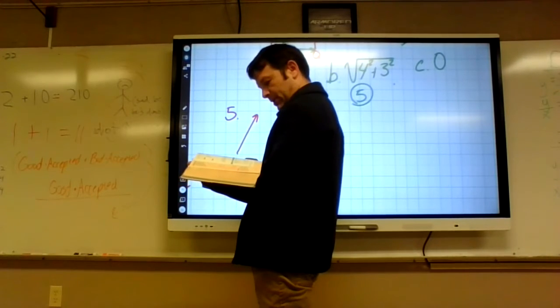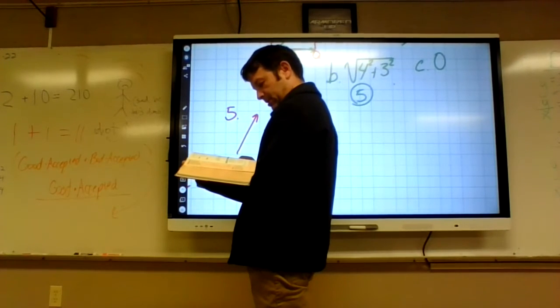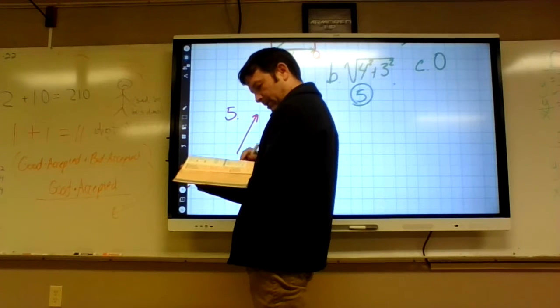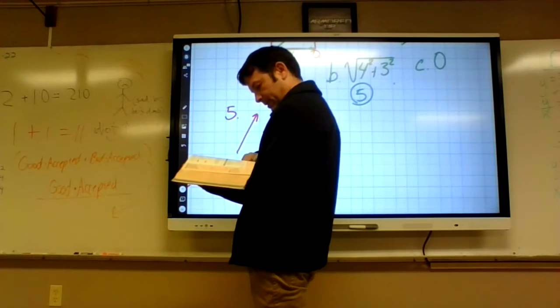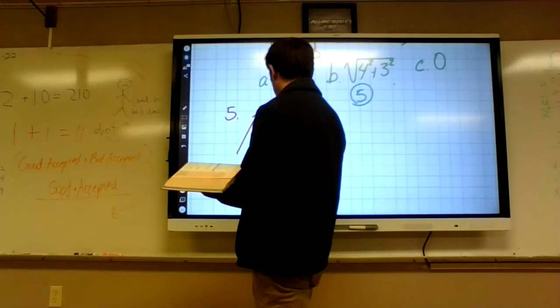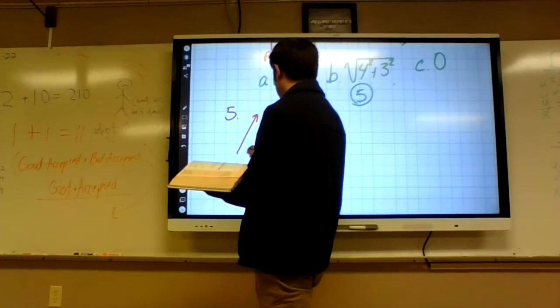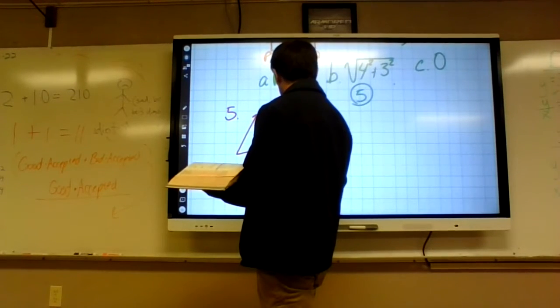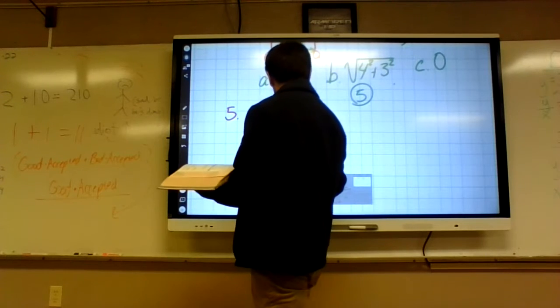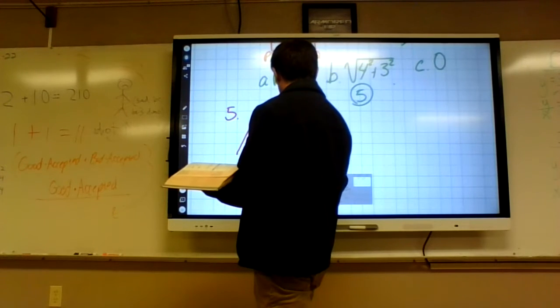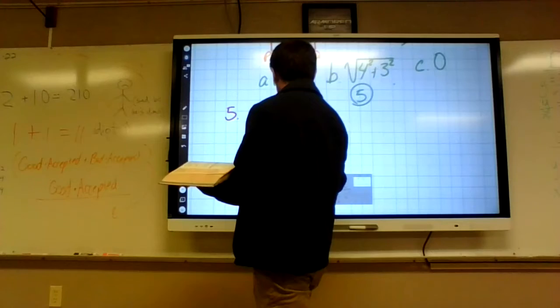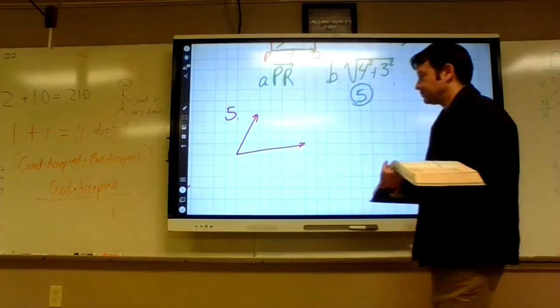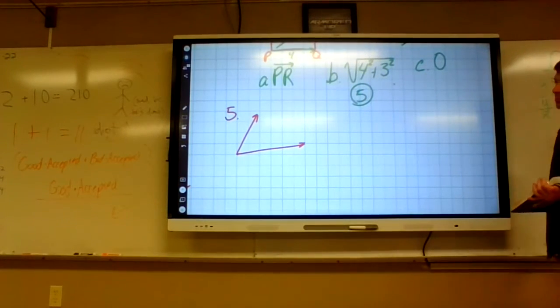And vector v is right 6 and up 1. Kind of missed. That's close enough.